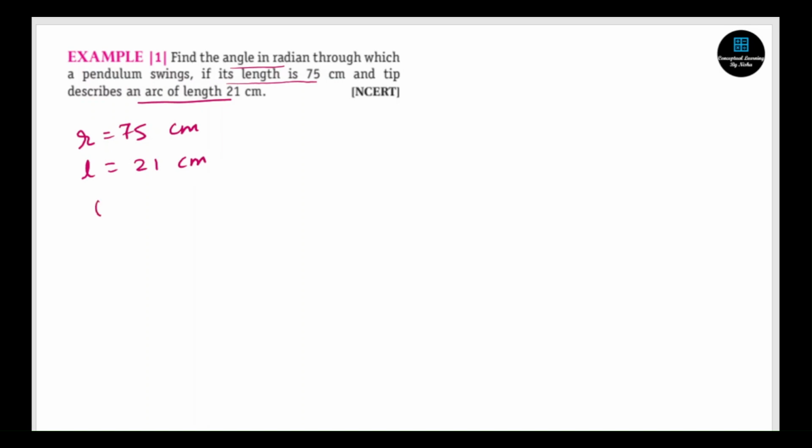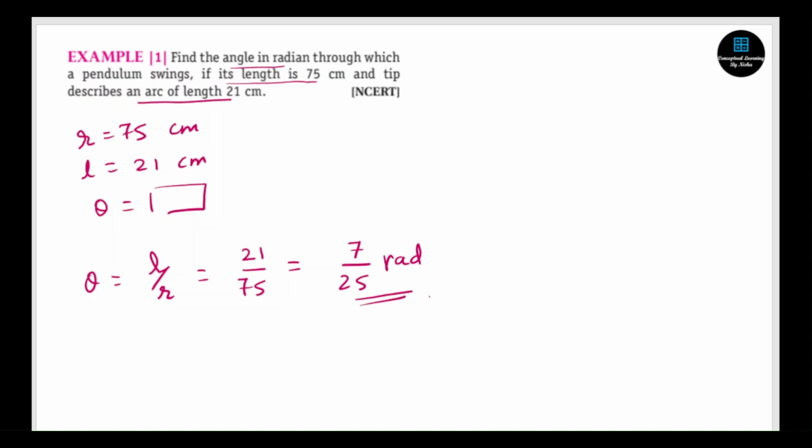And we have to find theta. Very easy, right? So theta equals L over R. Just now we learned. So I can substitute the values and simplify to get my final answer. So divide by 3, so 7 over 25 radian. Very easy question.